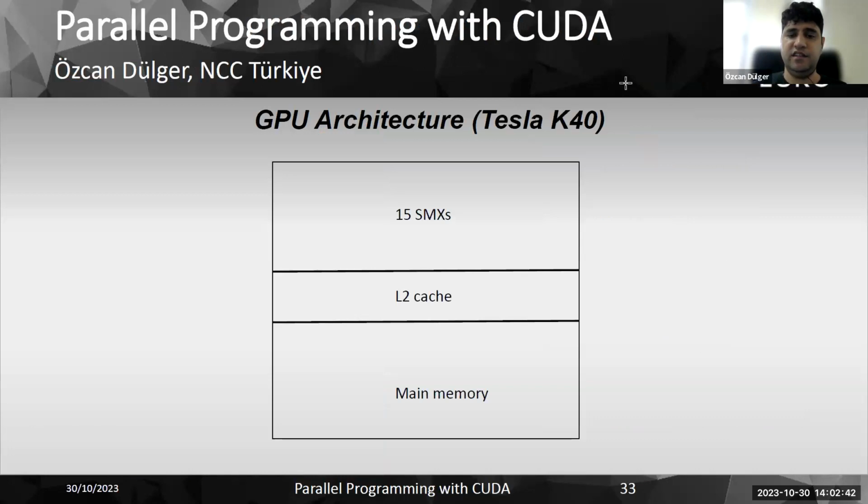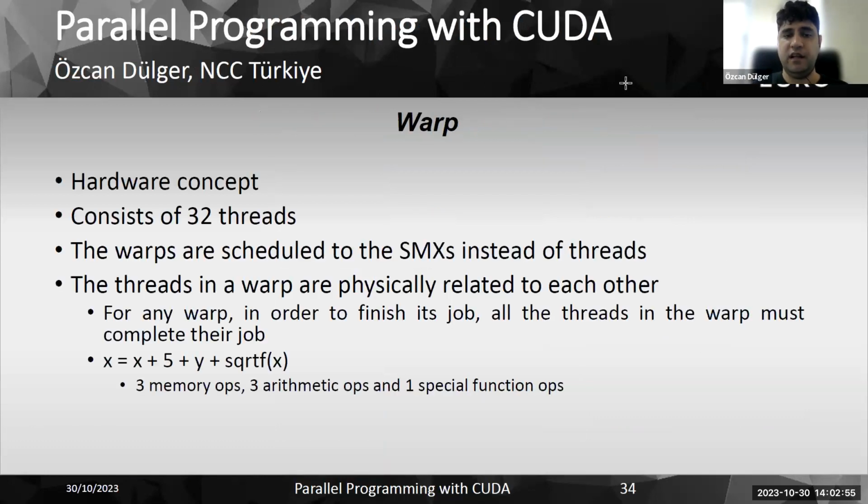And this is a general illustration of GPU architecture: 15 streaming multiprocessors, an L2 cache, and an external main memory. And there's an important concept in CUDA called warp. Warp is a hardware concept.